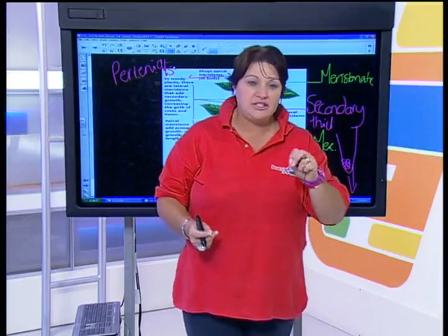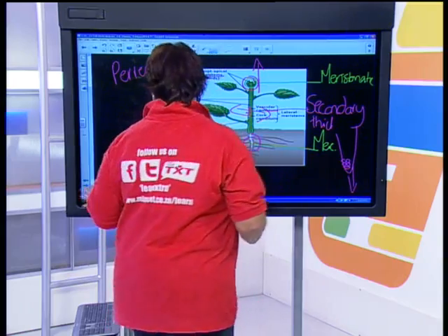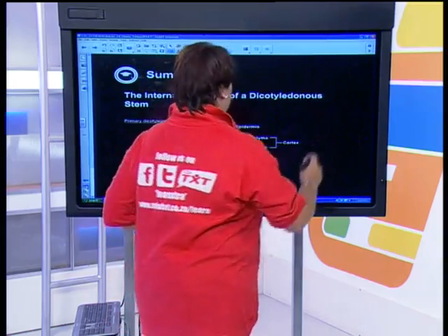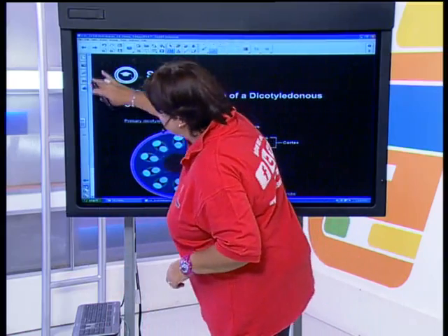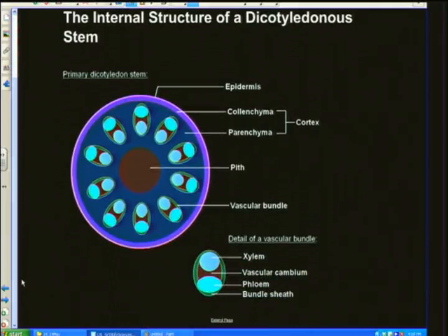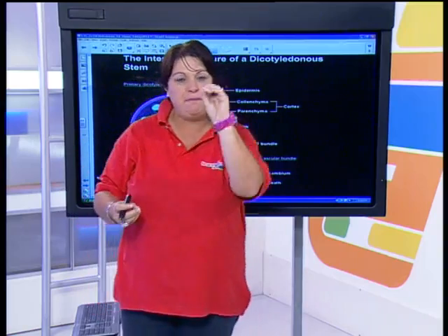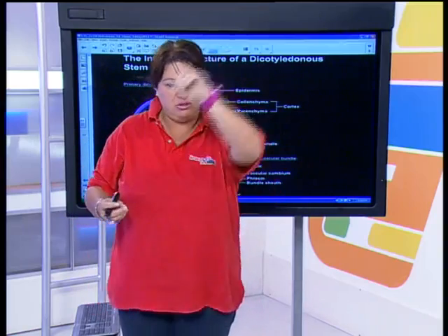Okay, let's go over the internal structure of a dicot stem that we did last week. This should look familiar to you. I just did a simple drawing over here. If we look at a dicotyledonous stem, we said last week it's got a very particular inner structure.